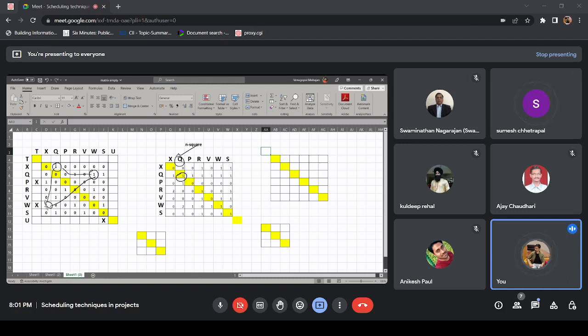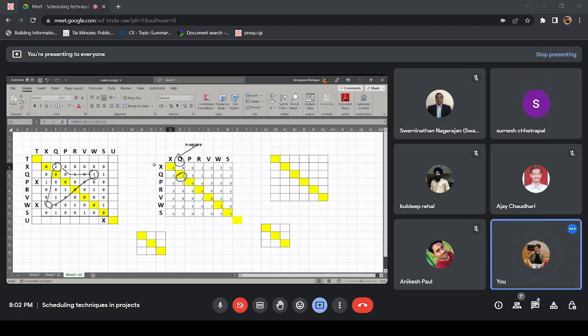But just by looking at the non-zero diagonal values in n square, can you say the same thing? No, here, from the n square matrix, we will get the hint that this activity will be in a loop. So we will check the activities related to Q, what are the inputs and outputs, and according to that, we can find the loop. It is one way, a hit and trial method.